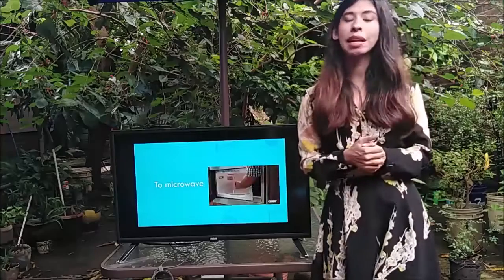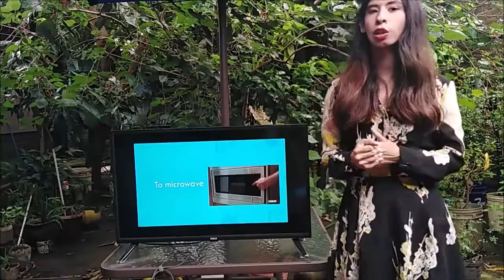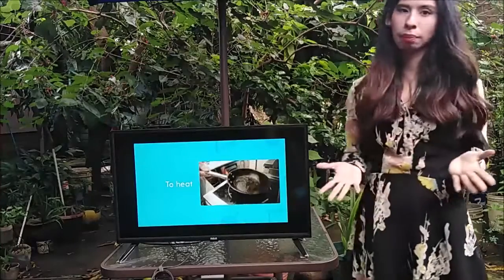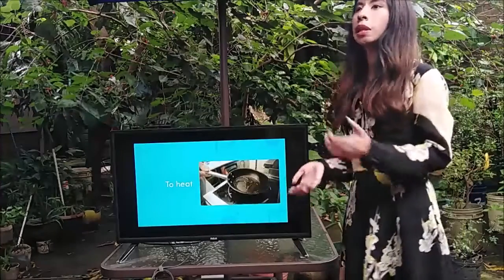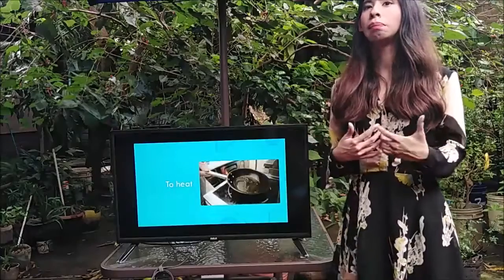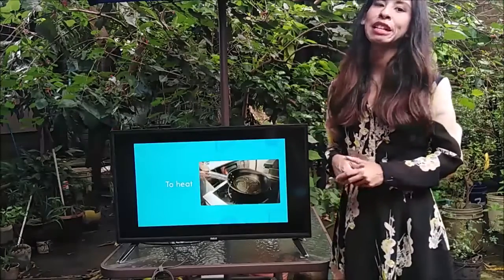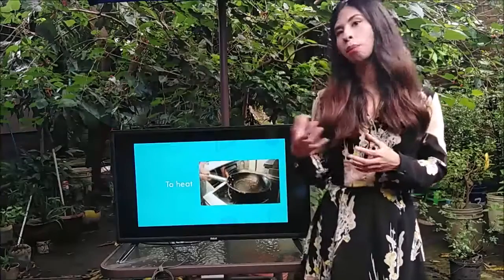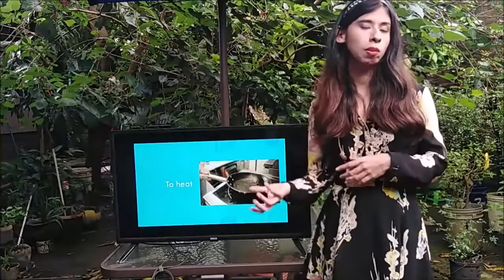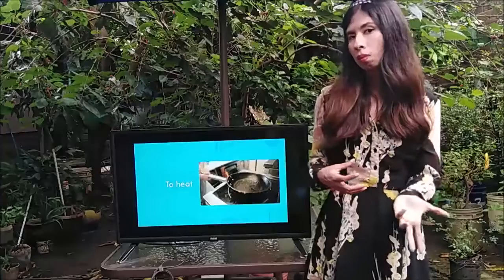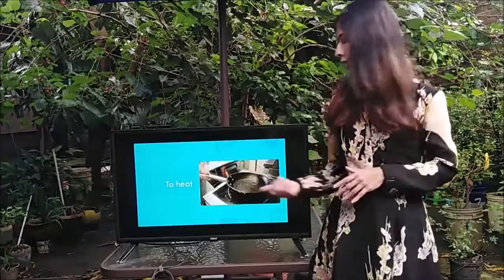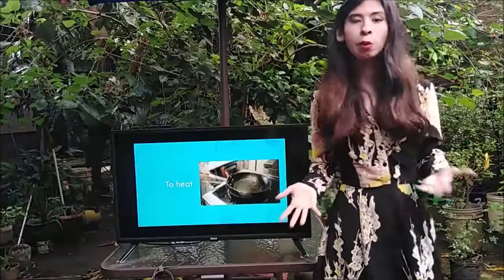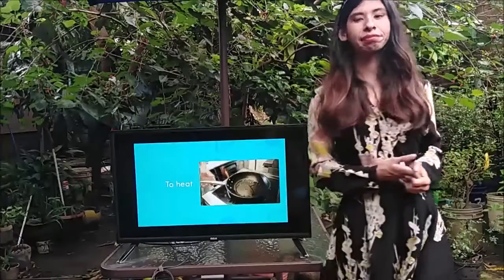So to microwave is a verb that you can use as well. The next one is to heat. Whenever you're heating something, you're just adding some heat to your food, right? Whenever you're turning your food from cold or room temperature to hot or warm, that is to heat. So you can heat, for example, the oil before you're frying something.